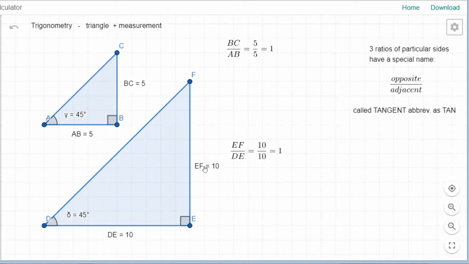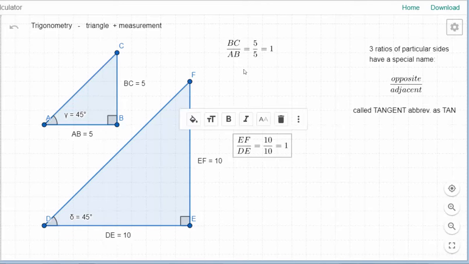So when you work out the opposite length, EF here, which is opposite to the angle 45 degrees, divided by the adjacent, DE, you get 10 divided by 10, which is 1. So you can see both triangles have the same ratio.